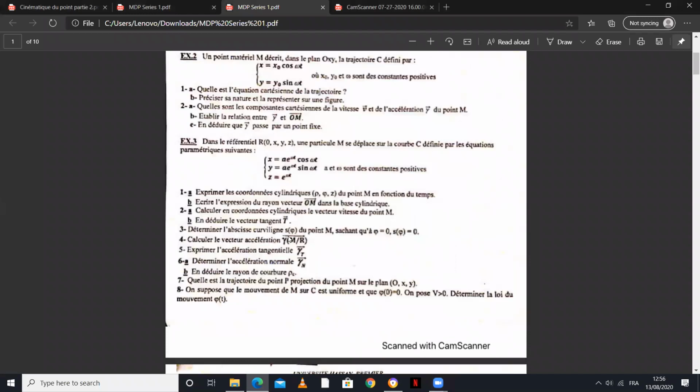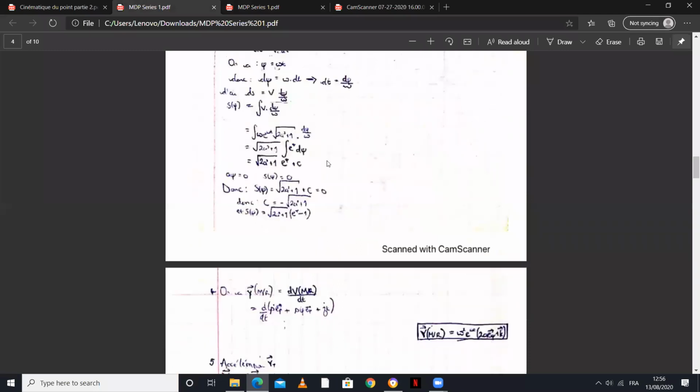The next question is saying, calculate the acceleration vector. So I'm going to do to you guys what our teacher did to us in our time. What she did was she said the acceleration is equal to this, and you know how to calculate it, the formula is there.